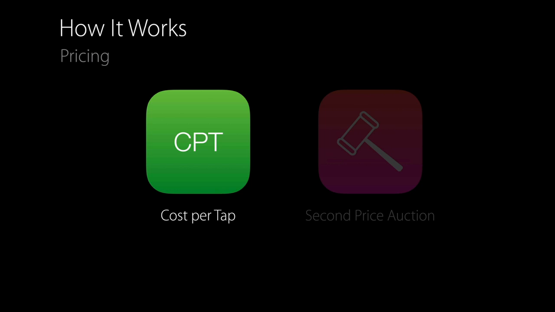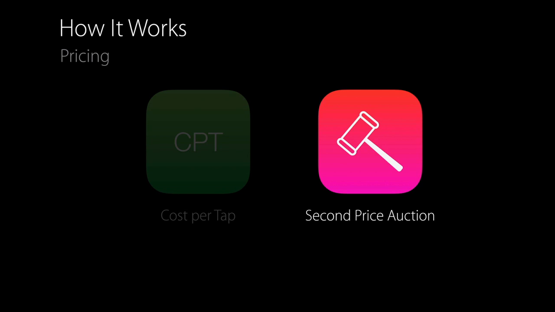Pricing is a cost per tap model, so you only pay when a user engages with your ad and you decide the maximum amount you're willing to pay for a tap. The actual cost of that tap is a result of a second price auction, meaning the price you pay is based on what your nearest competitor is willing to pay to show their ad up to your maximum bid.